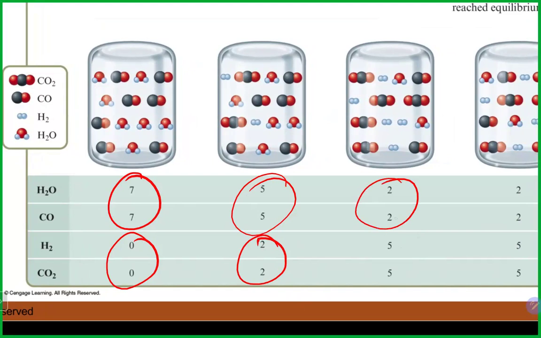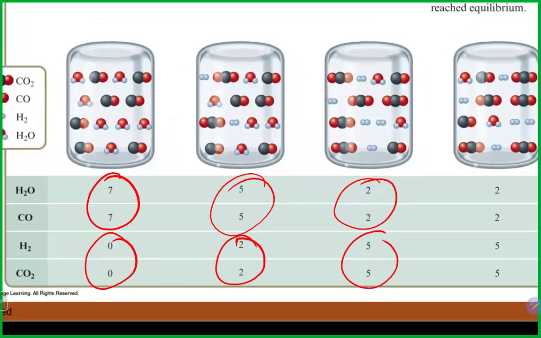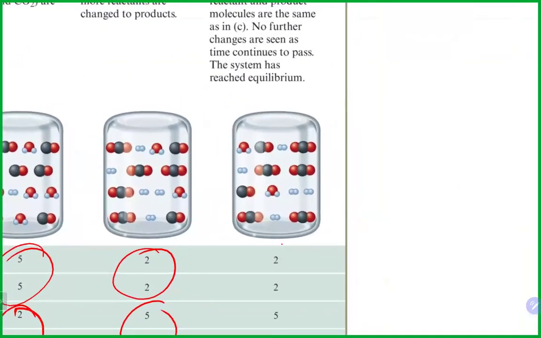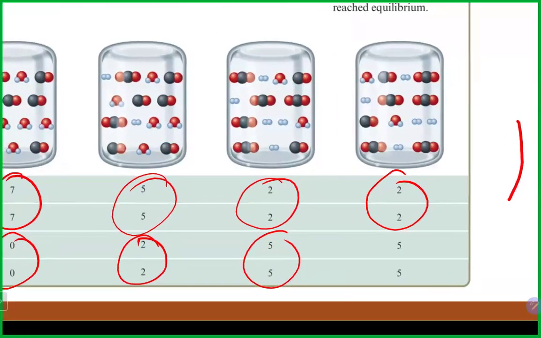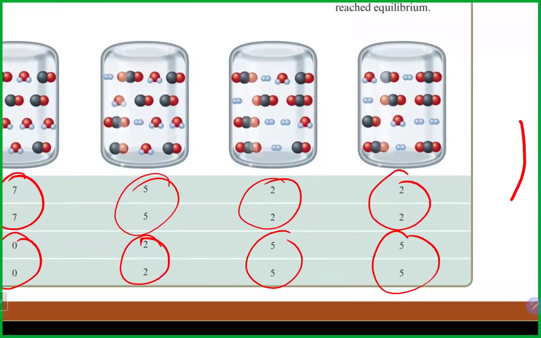Then we now have less reactants, more products. Eventually, though, as we see, we still have reactants and we still have products. But what we see now is everybody's concentration has basically leveled out and has stopped changing. And this is when chemical equilibrium has been reached.